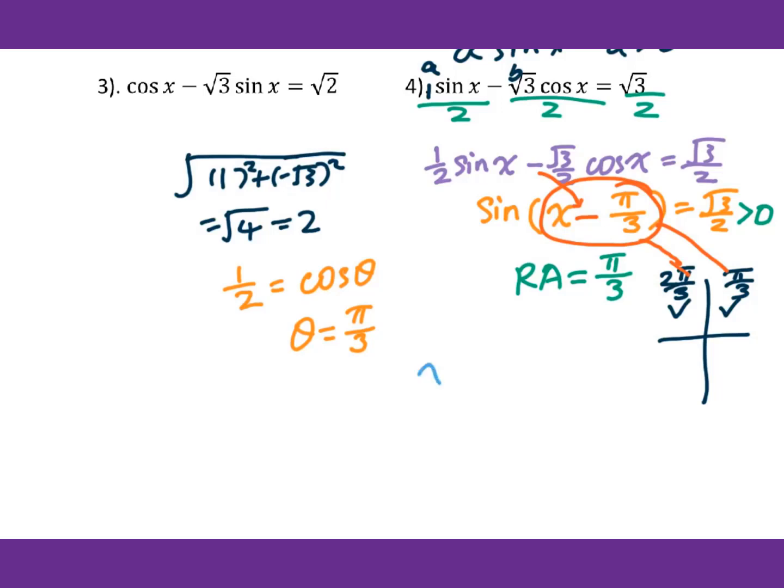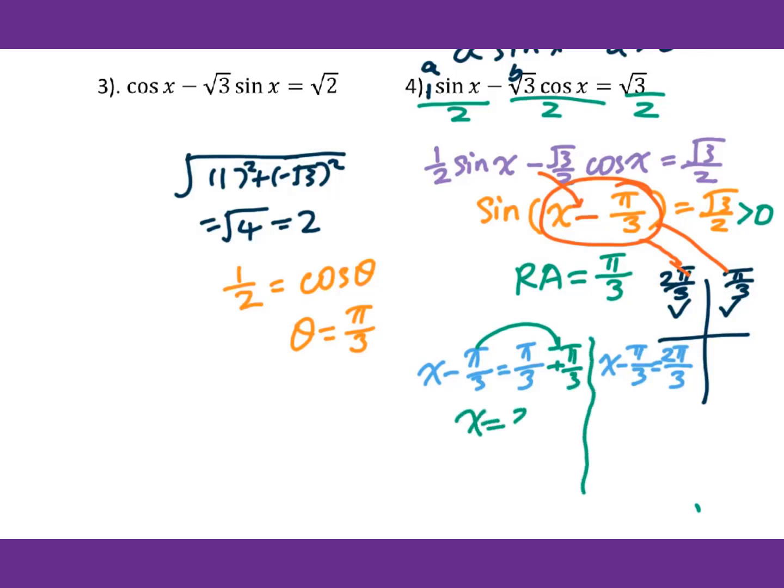That is x minus pi over 3 equal to pi over 3, and also x minus pi over 3 equals 2 pi over 3. Then we solve these separately. We need to add pi over 3.